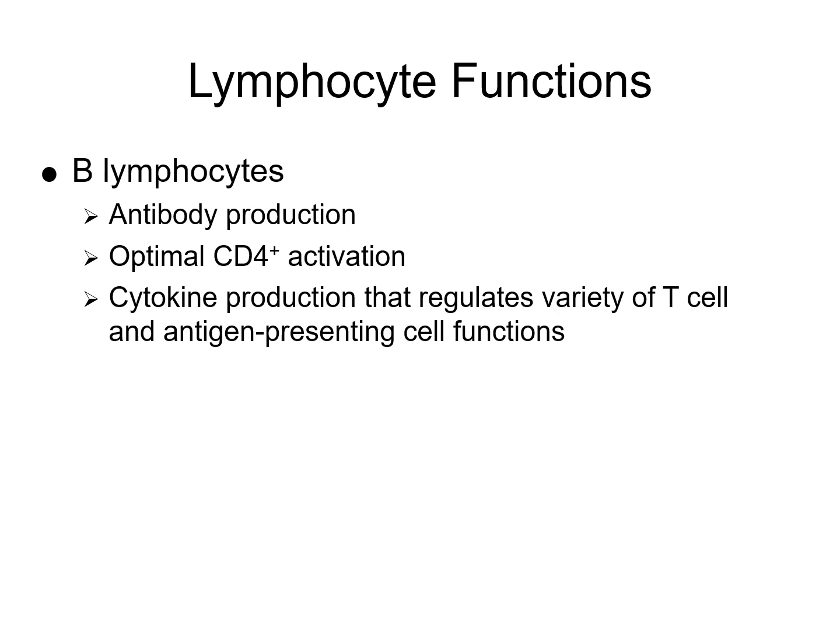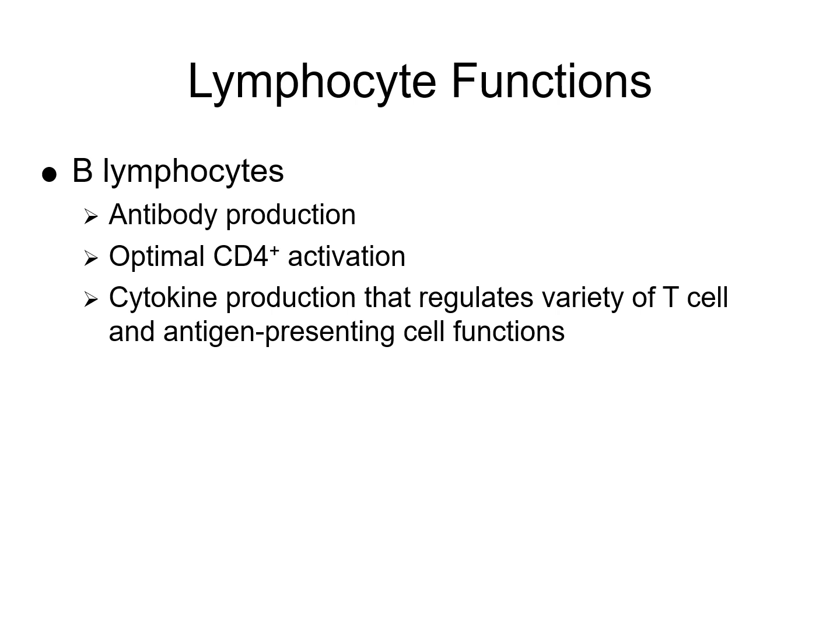B lymphocytes, so antibody production, they're part of that as well. B lymphocytes are the primary cells responsible for producing antibodies. Upon activation, B cells differentiate into plasma cells that secrete specific antibodies targeting pathogens or antigens. We have optimal CD4 T cell activation. So B cells play a role in activating CD4 T helper cells.